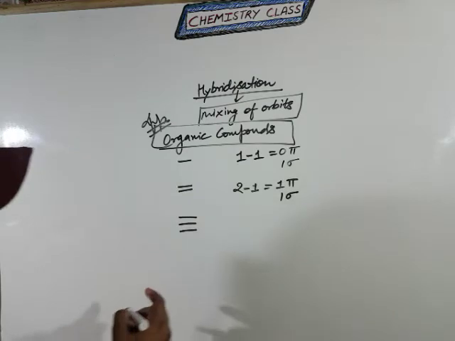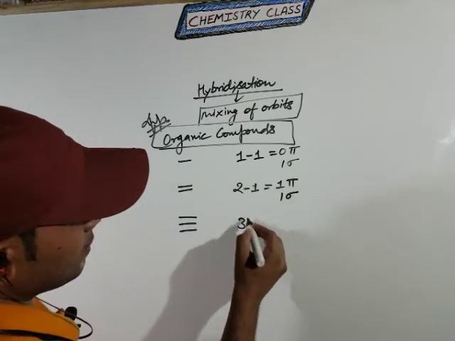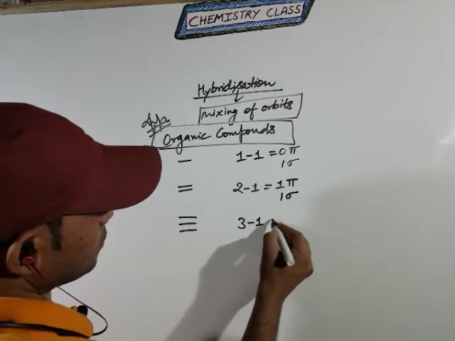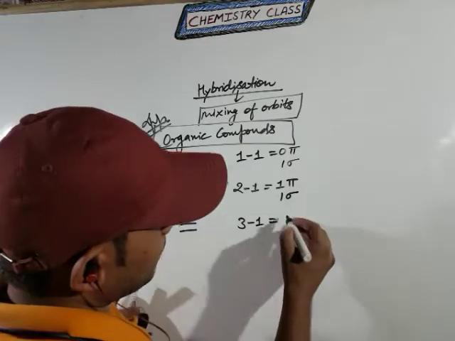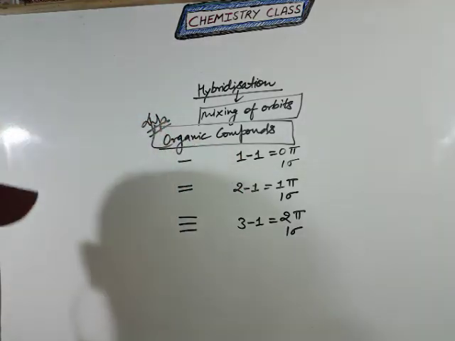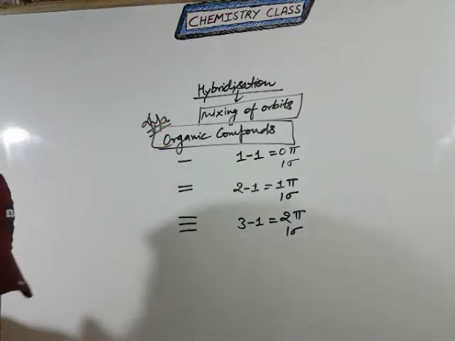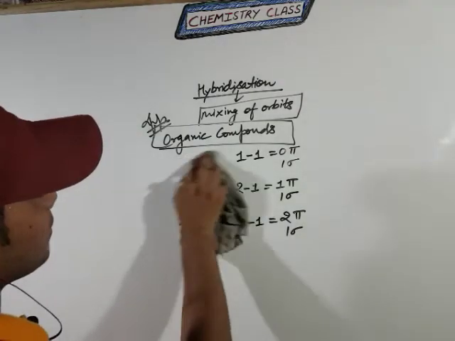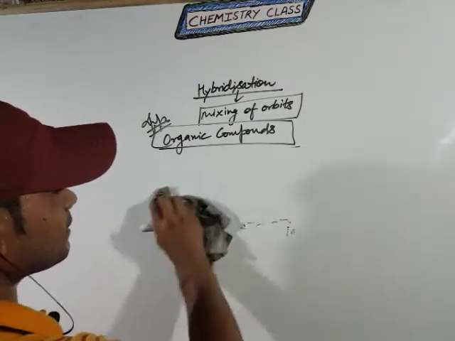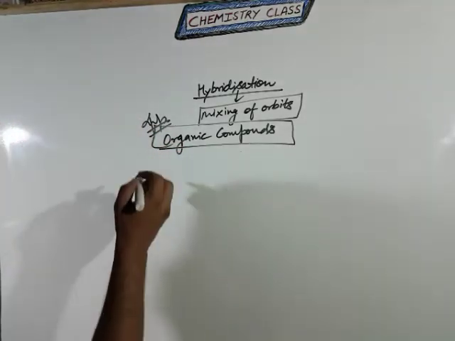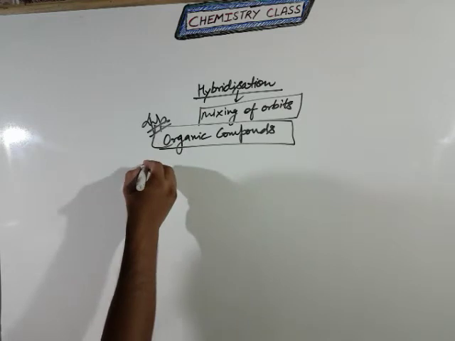For the triple bond, the total bond is 3 and minus 1 according to this formula, and automatically 2 pi bonds will come and 1 is sigma. So this is the trick for how many sigma and pi bonds are present in the given compound. So students, see the example here and after that you will understand the whole concept of this trick.